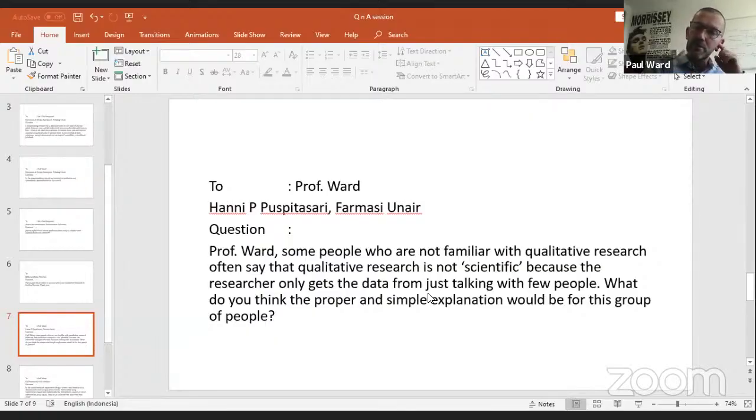A study I did with a PhD student quite a few years ago was around HIV transmission and condom use by female sex workers in Indonesia. The quantitative research around that simply told us that 50 to 60% of female sex workers have inconsistent condom use.